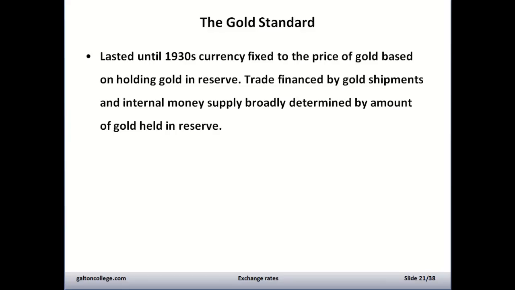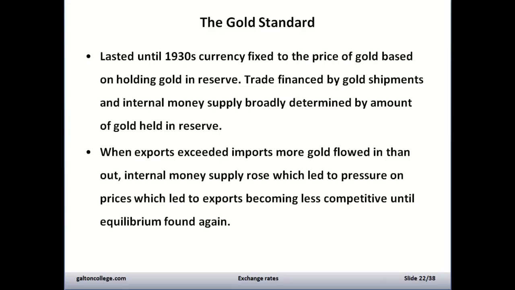The follow-up was that whenever exports exceeded imports, more gold flowed in than out, and the internal money supply rose, which led to pressure on prices, which led to exports becoming less competitive until the new equilibrium was found.